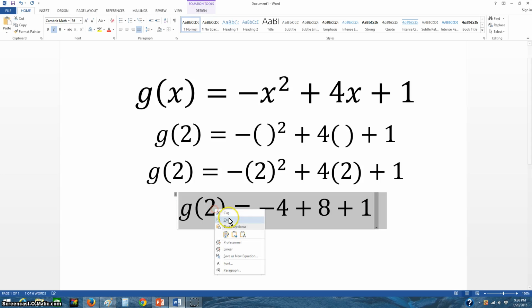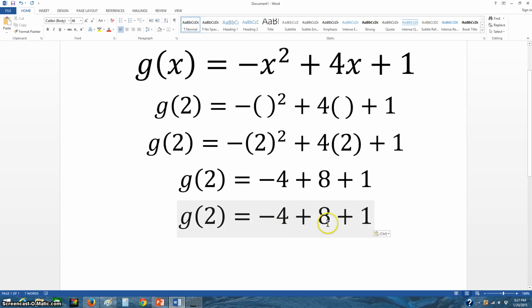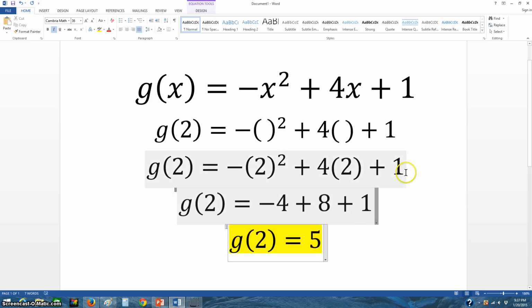Once you have it down to something simple like that, you have negative 4 plus 8, which is a positive 4. Then you add 1 to it and you get a positive 5. So for this one, g of 2 is equal to positive 5. Very simple. And this was the A part. Now we're going to look at the B part.